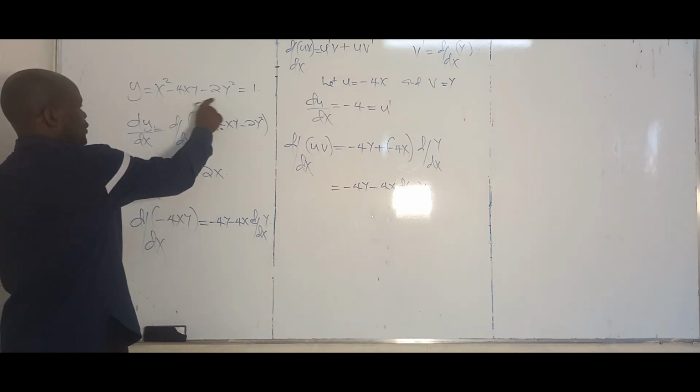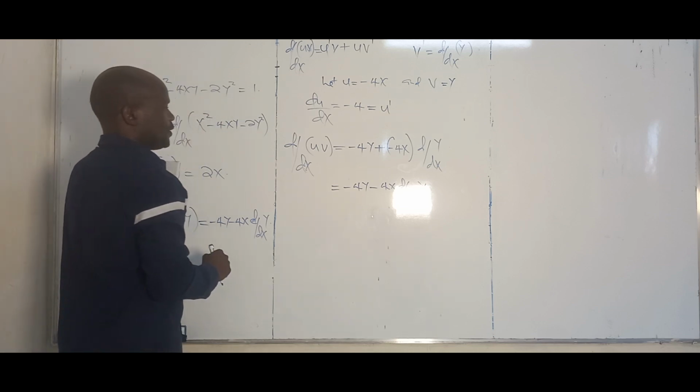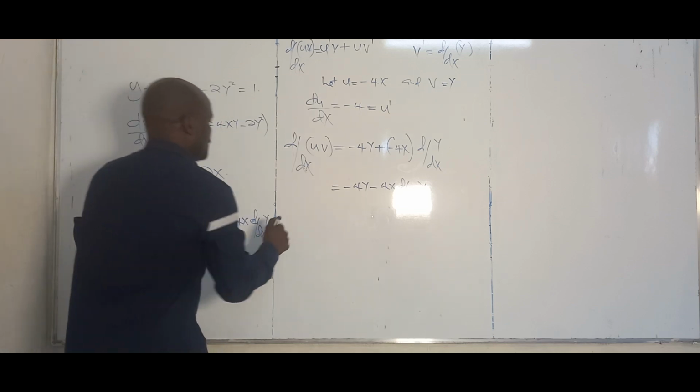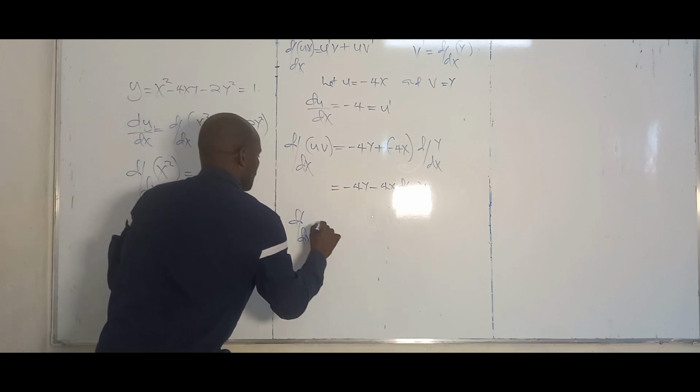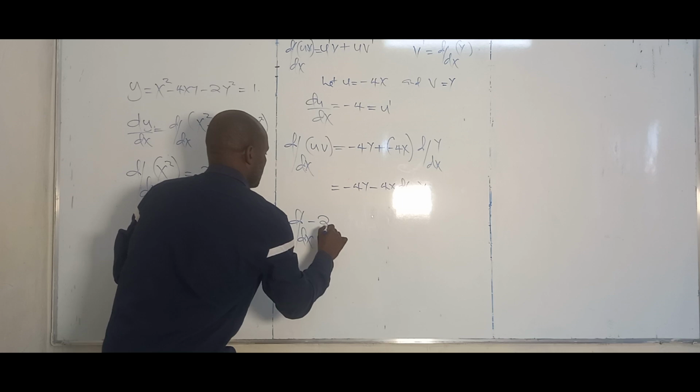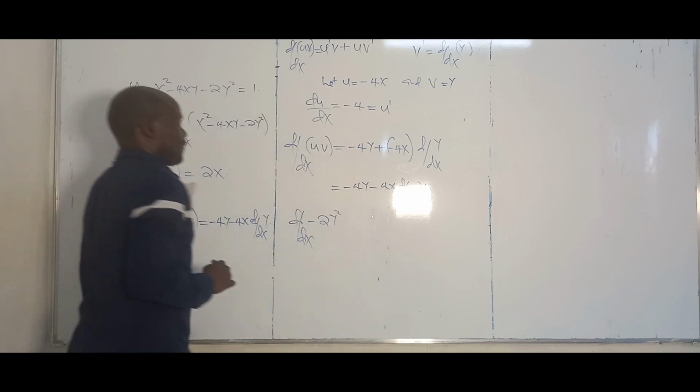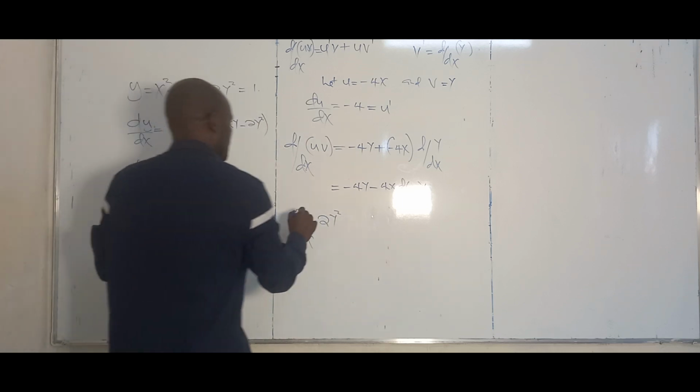Now we are left with this component, d/dx of minus 2y squared.